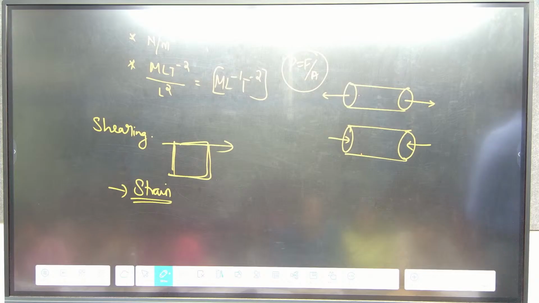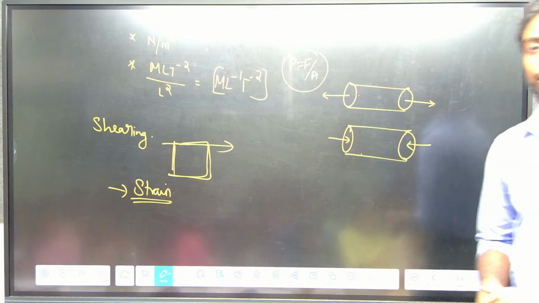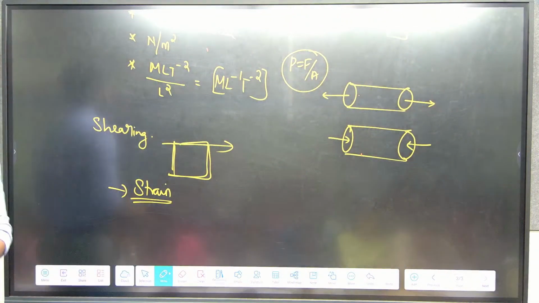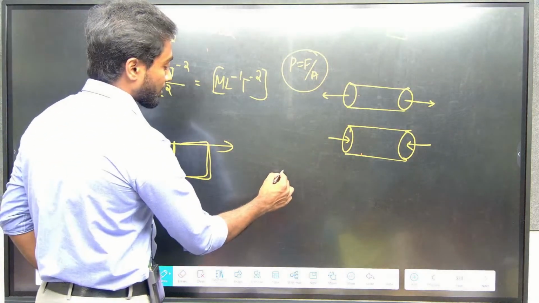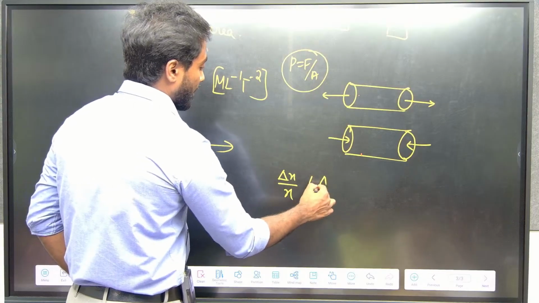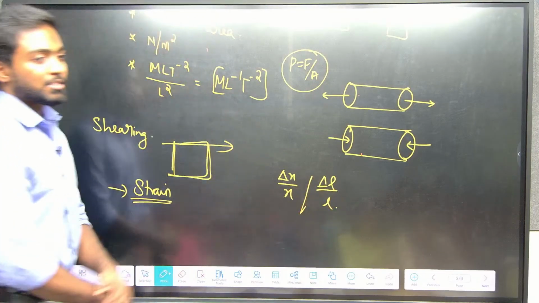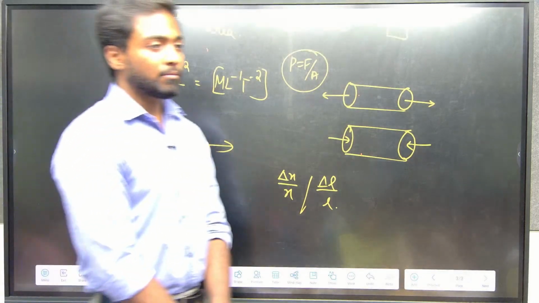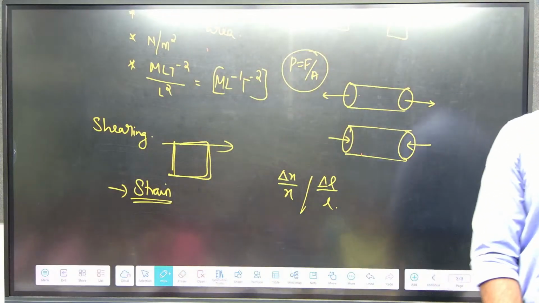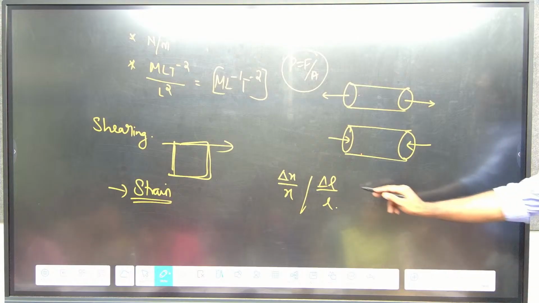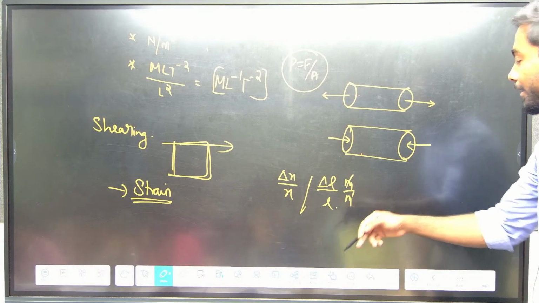So now write the first point. Strain is the ratio of change in length by original length. So delta x by x, or delta L by L. What will be the SI unit of strain? Dimensionless, because this is meter divided by meter, so it gets cancelled.